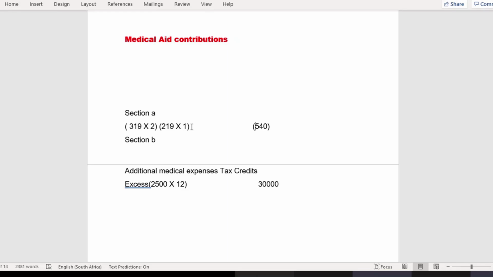Yeah, no, you're correct. So are we deducting this from the 30,000? Yes. Meaning that we're going to have 24,000. 4,060 rands. Final answer.